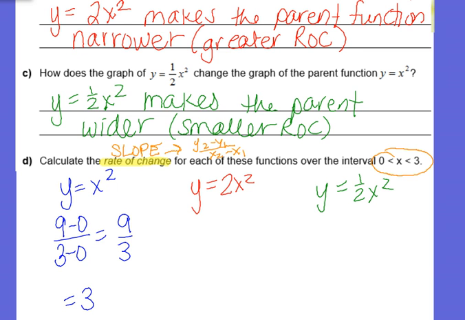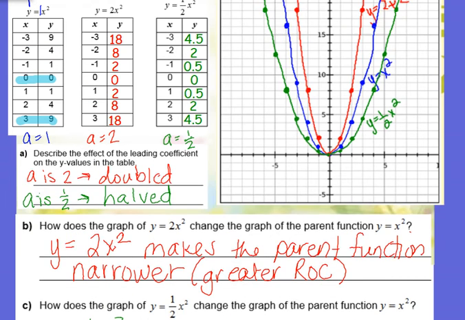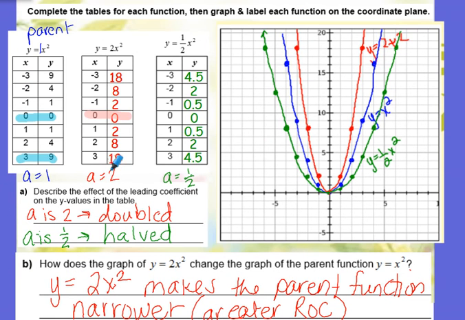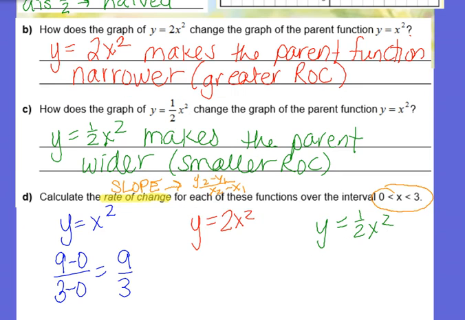Let's check out the same thing for when y equals 2x squared, when x is 0 and when x is 3. So x1, y1, x2, y2. Let's plug them in to our formula.